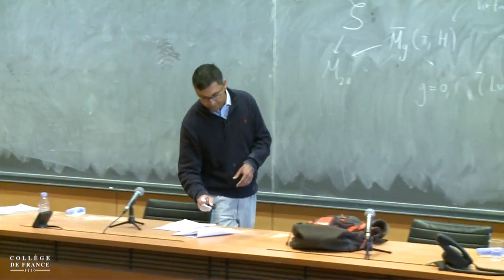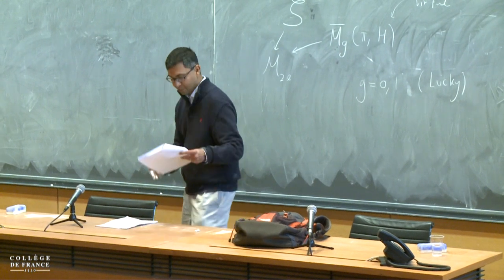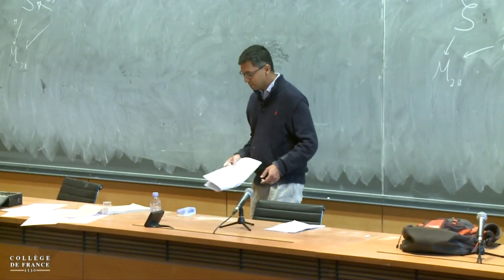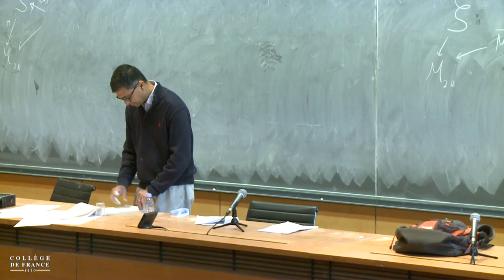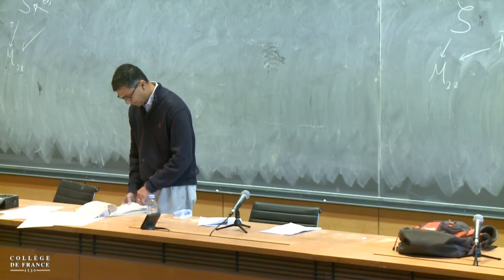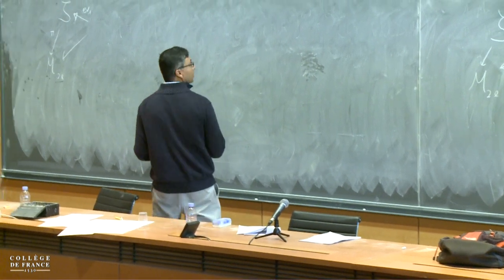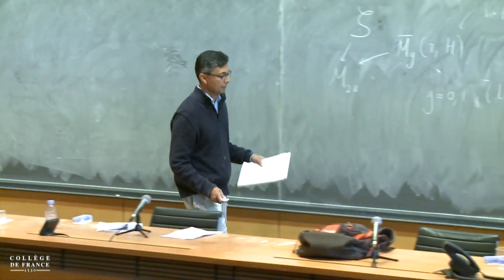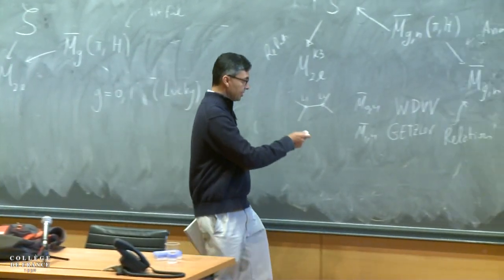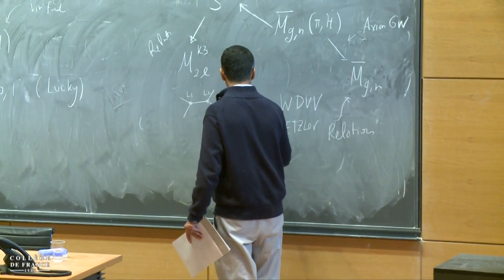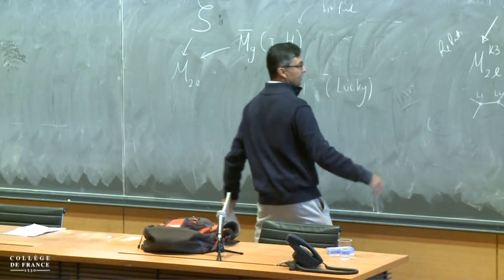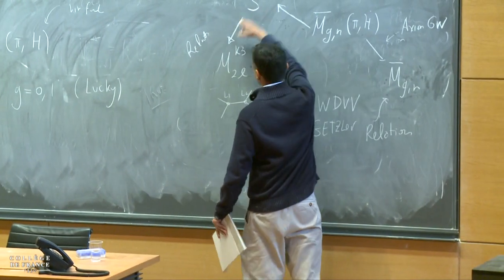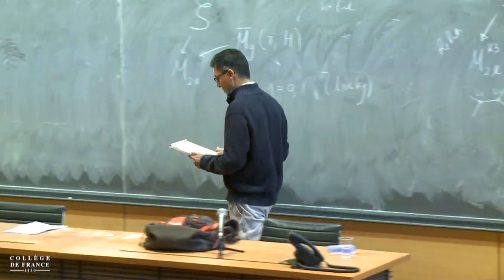So maybe I try to write down a formula. Okay. Getzler's relation is a relation in M14 bar. And I'll explain what you get by taking Getzler's relation, moving it up, and all the way down. You get a very nice relation.